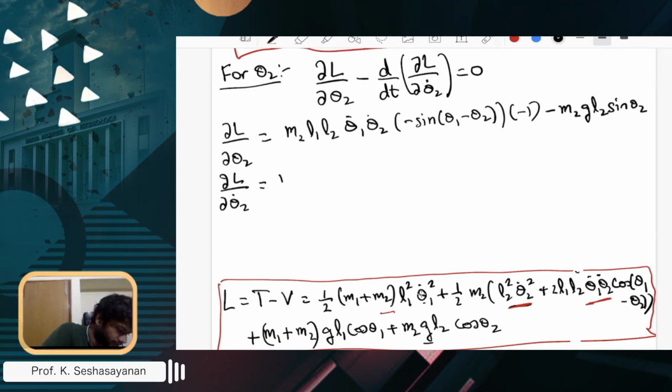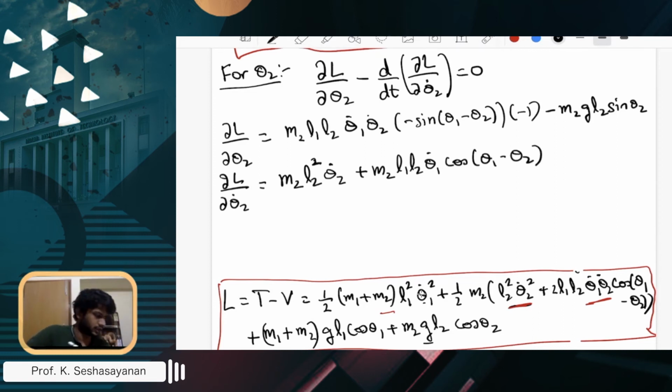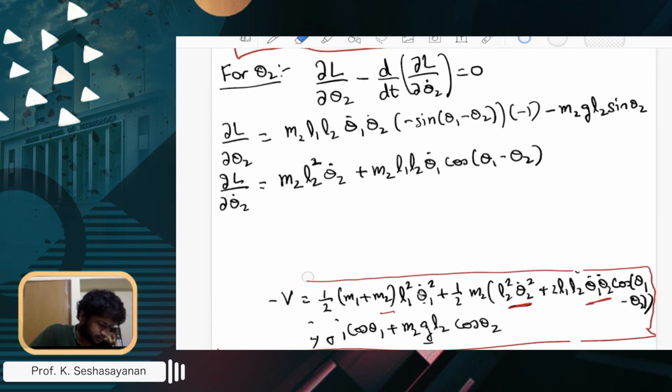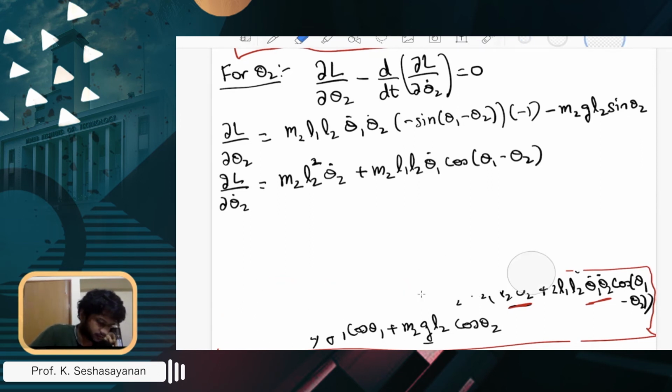So the first one gives you m2 L2 squared theta 2 dot, and the other one is m2 L1 L2 theta 1 dot cos of (theta 1 minus theta 2). So I think our need for the Lagrangian is no longer there, so I'll just erase this out.